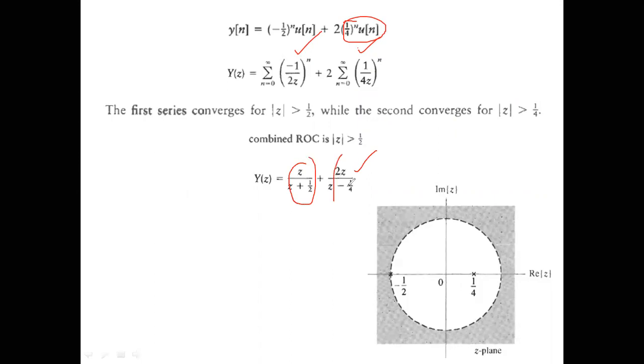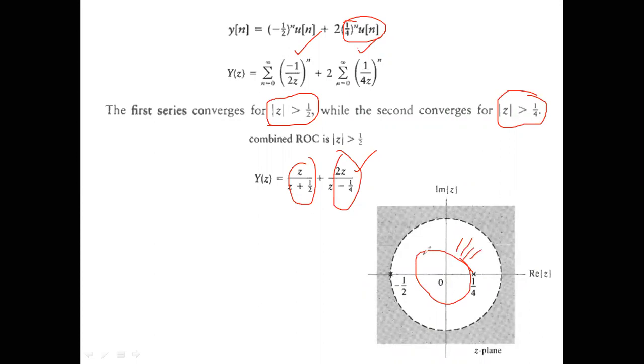So for the first case, it is magnitude z greater than 1 by 2. For the second case, magnitude z greater than 1 by 4. So the combined ROC is where both of them will be stable. In this smaller circle, only one of the terms is converging, the second term is not.